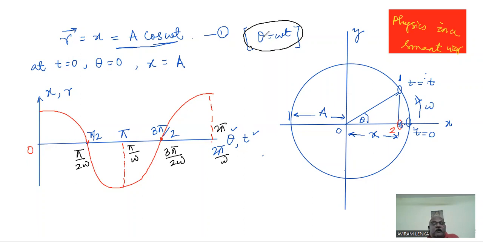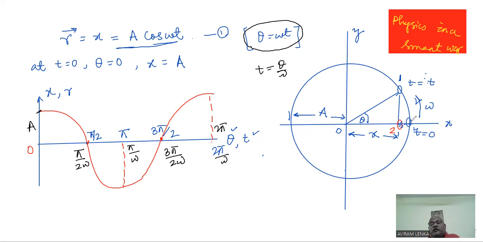If you express it in terms of theta, that will be 60 degree, 30 degree, and usually in scientific cases that is pi by 2, pi by 3, 2 pi, like that. If we express in terms of time, we know time equal to theta by omega, just dividing by another term, that is omega.